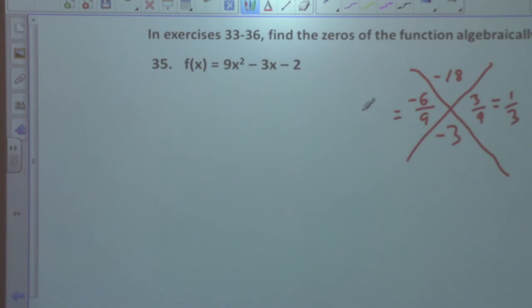And then negative 2/3. So then we have this, right? Yes. And so x equals positive 2/3.